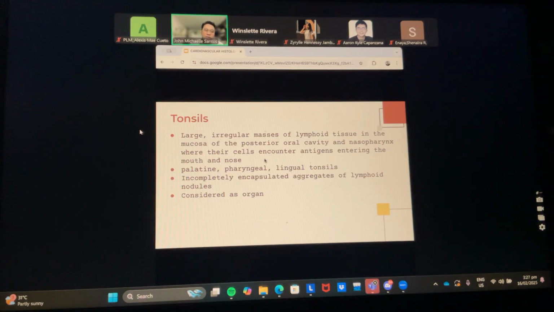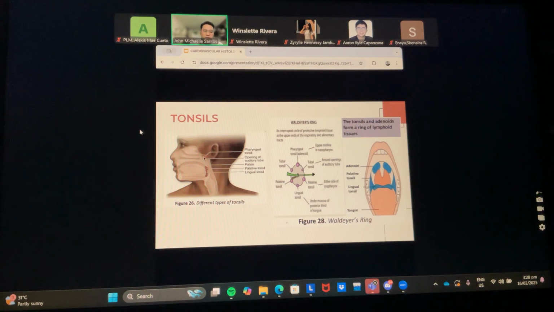Okay, so this is the first lymphoid organ na encounter ng antigens entering the mouth and nose. So palatine, pharyngeal, and your lingual tonsil. So it's considered to be an organ. So ito siya. So this is your pharyngeal tonsil, this is your palatine tonsil, and your lingual tonsil.